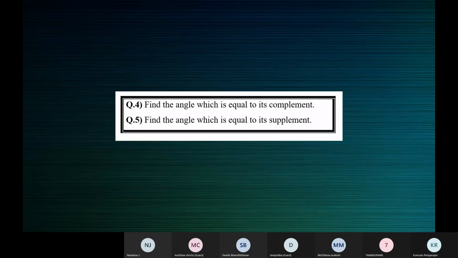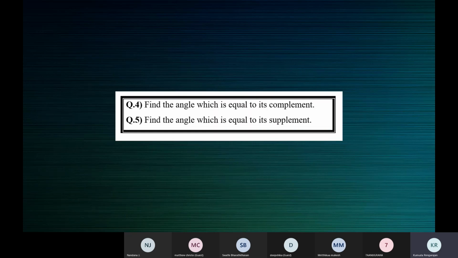Ma'am, can I say for the fifth question? 1 minute, Matthew. Amritika? Ma'am, 45. Who is this? Ma'am, Ritika, ma'am. Okay. No, but you understood the question? Yes, ma'am. Okay, fine. The answer is 45 for the fourth one.